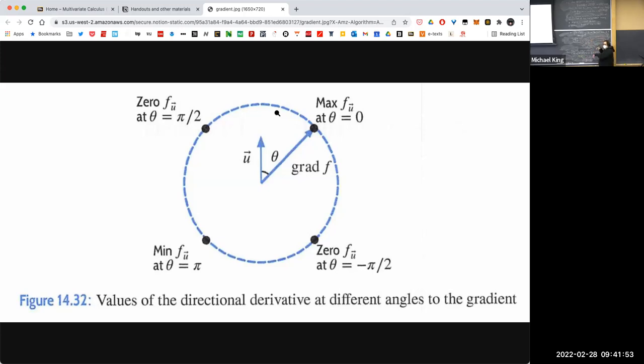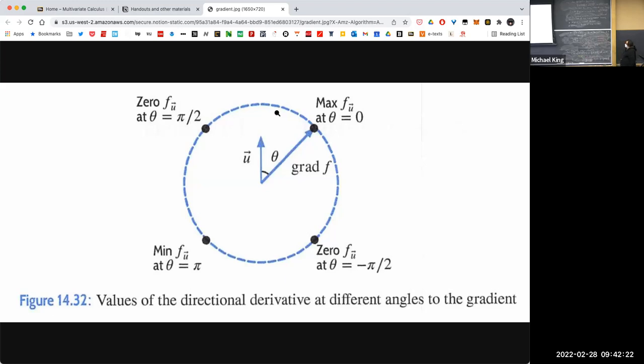If I drop a marble on this ramp, it's going to go in the direction of maximal decrease, straight down the ramp. So a lot of times the negative gradient is how particles would flow if you drop them on this landscape: they would flow downhill.